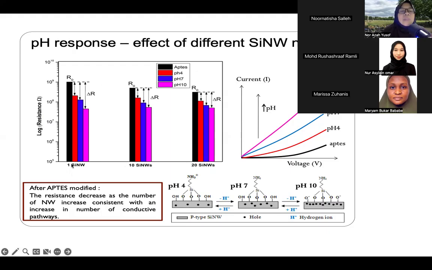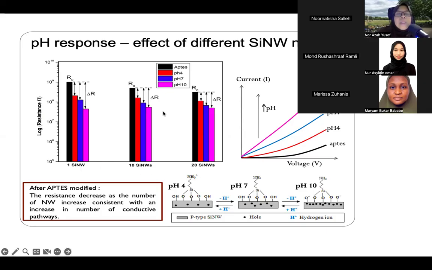So from just a bar chart, you can interpret a few things: whether there is a significant difference if you study different numbers of silicon nanowires.